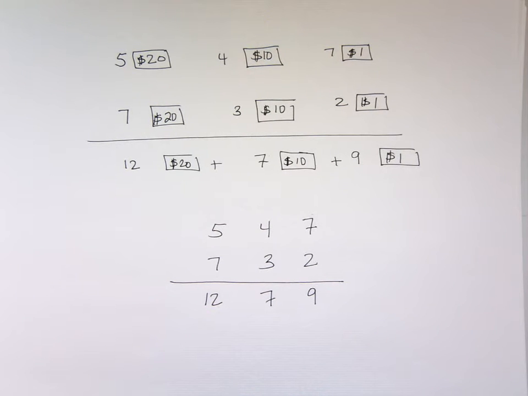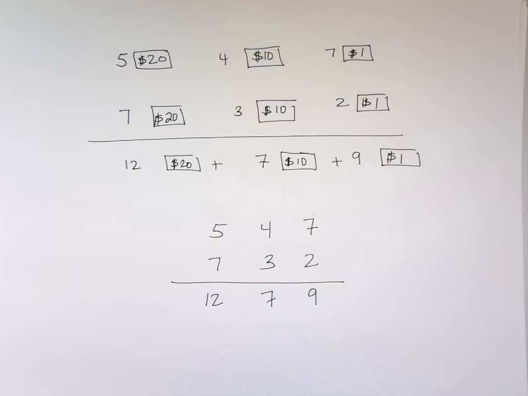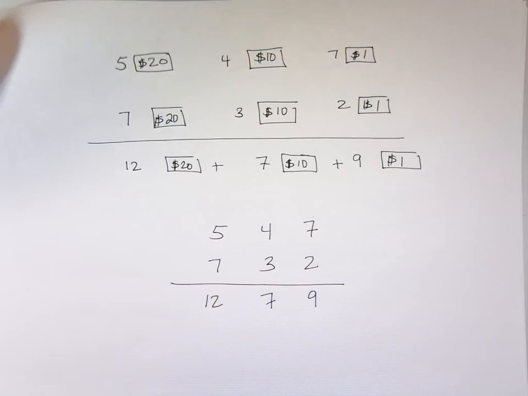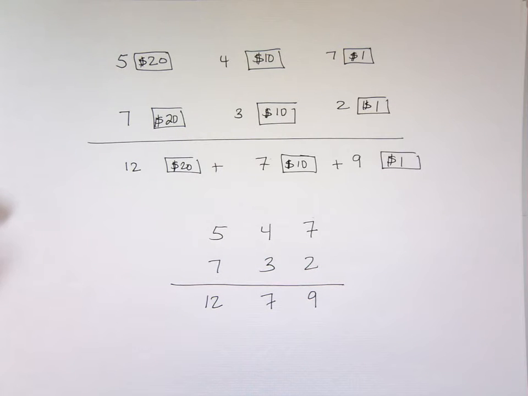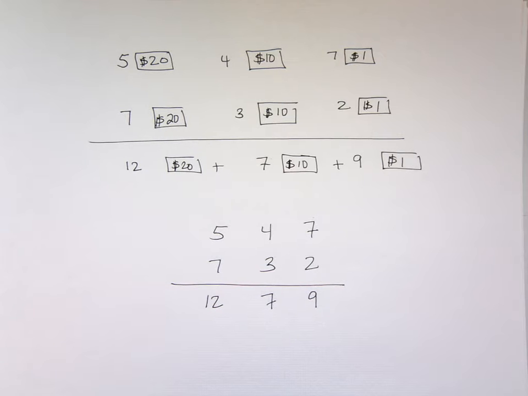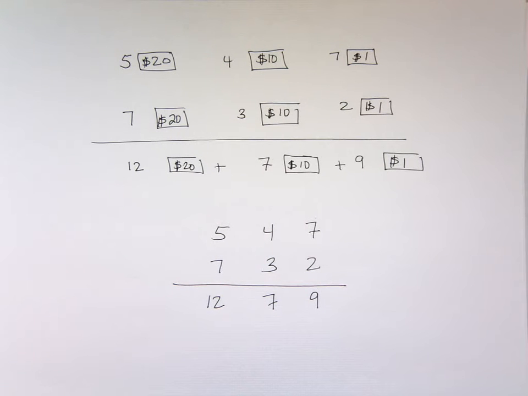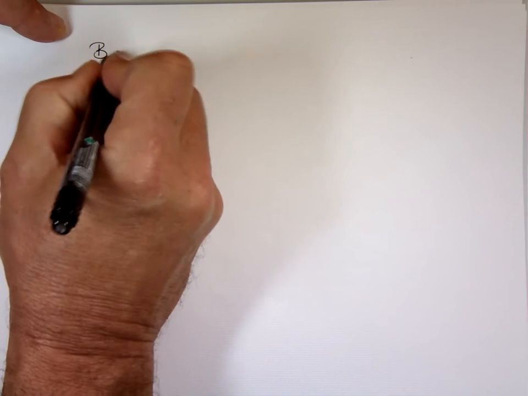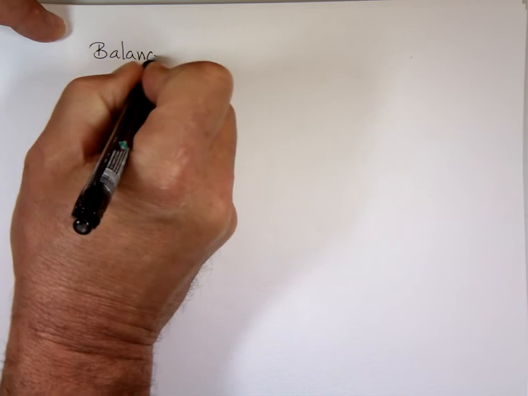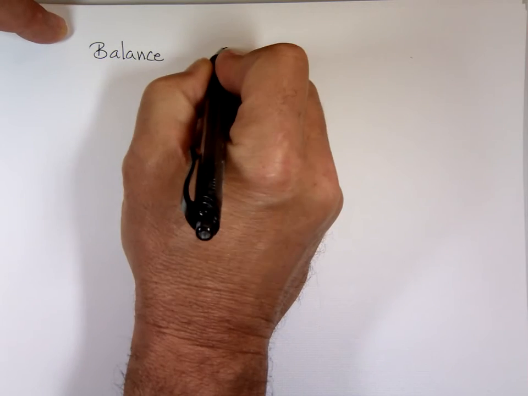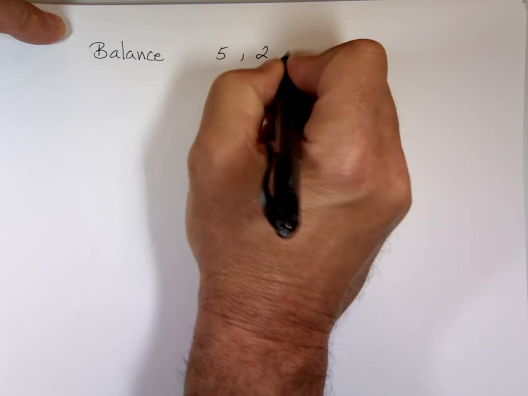Now let's see where we use addition. I'm going to skip the pennies because there are no decimals today. Let's say your balance on your checking account, I'm feeling generous today, is $5,213.